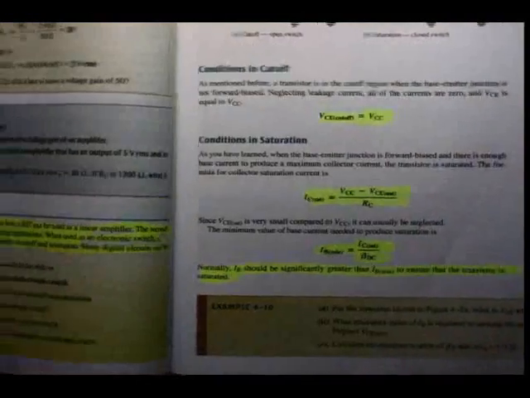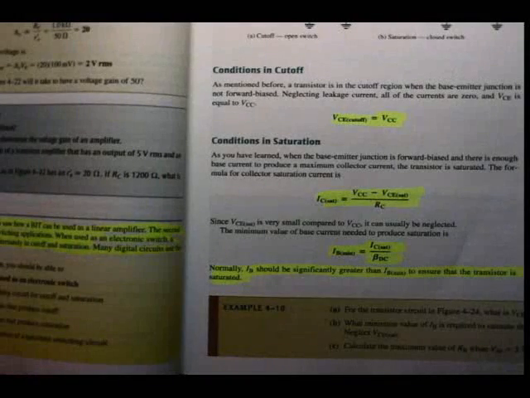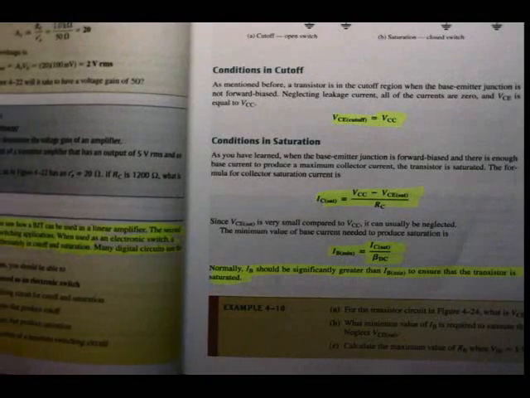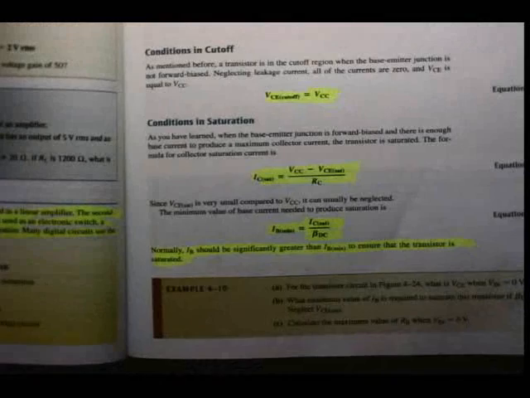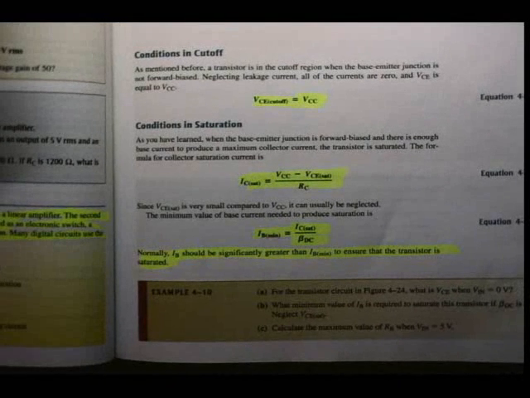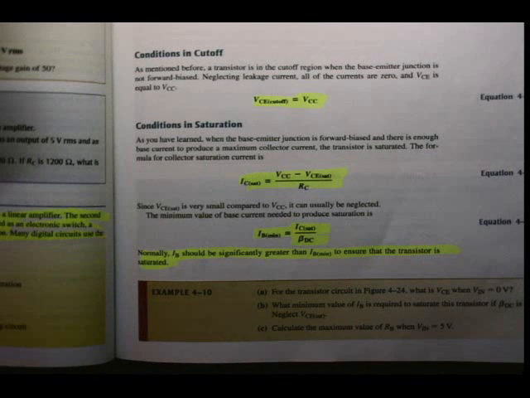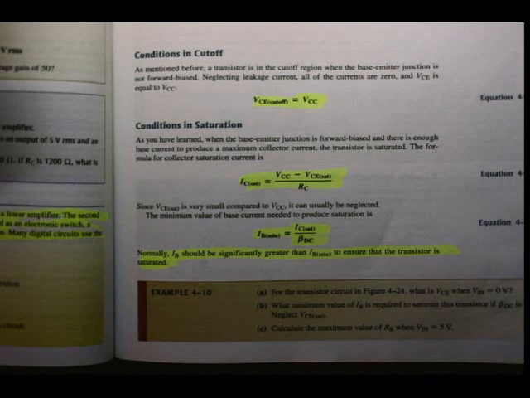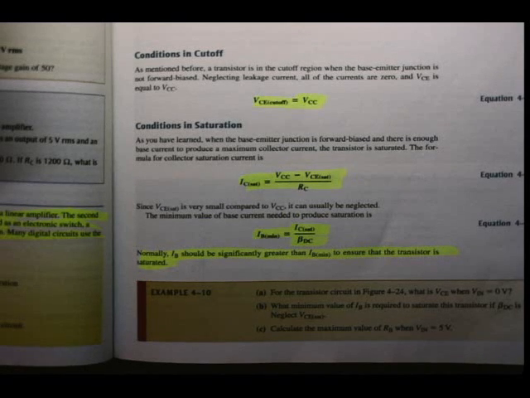But anyway, go and work through the example there. It asks, for instance, at 4.10, for the transistor circuit in figure 4.24, what is VCE when V in is 0 volts? Second part, what minimum value of IB is required to saturate this transistor if beta DC is 200?